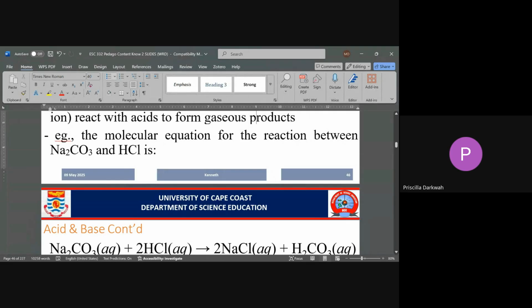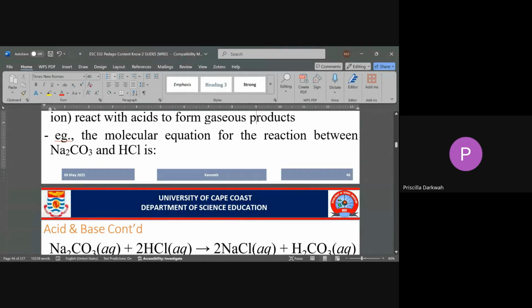Okay. So the reaction was between sodium carbonate and hydrochloric acid, producing sodium chloride, and then we will get hydrogen carbonate again, that is the weak acid called carbonic acid. So the carbonic acid will decompose further.